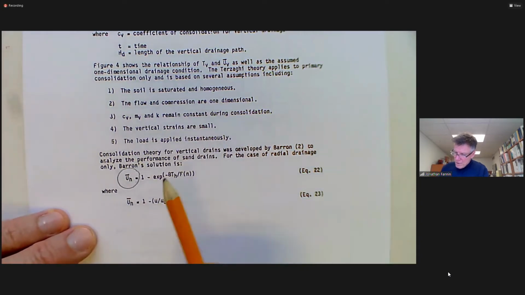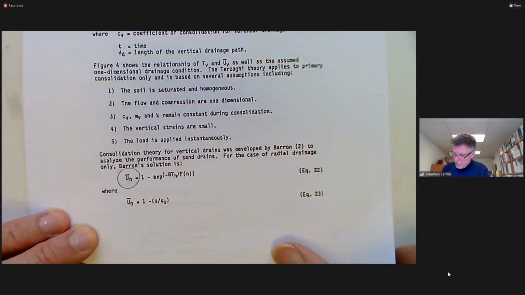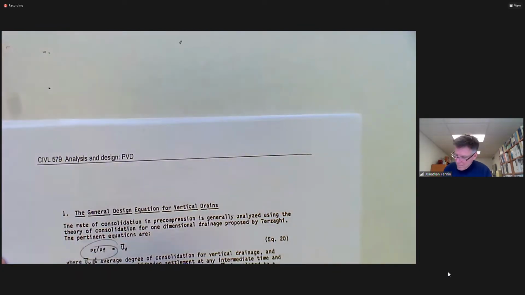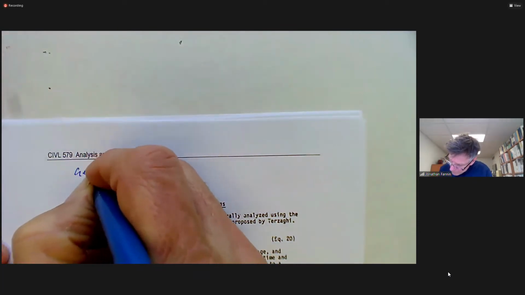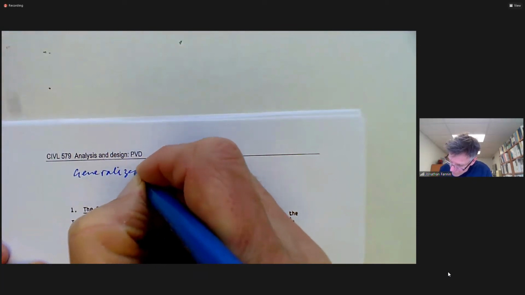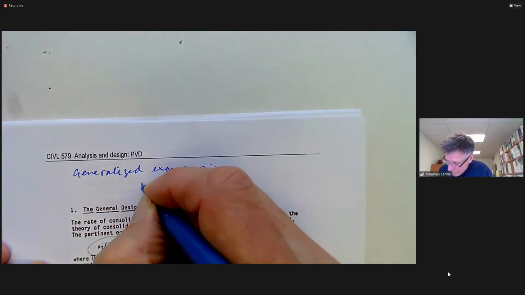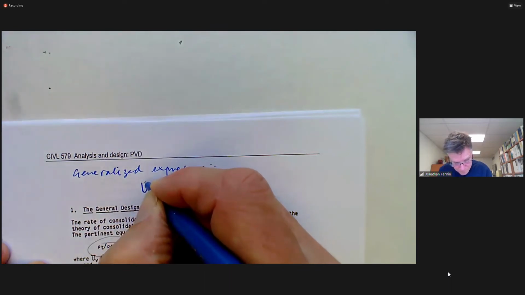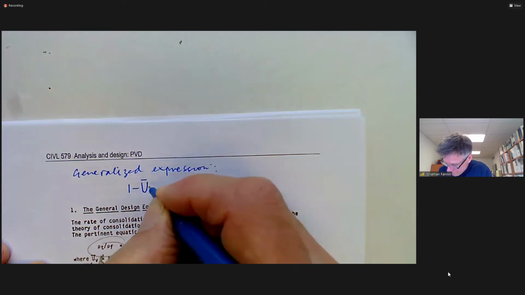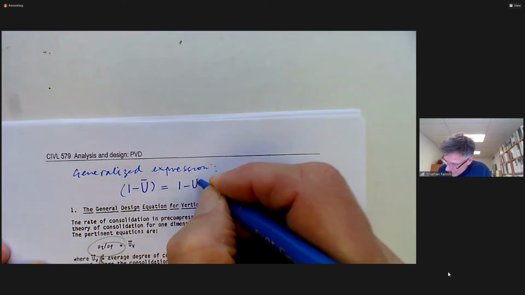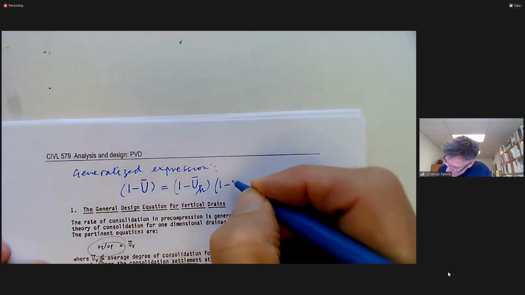So what we're doing is we're looking at the degree of consolidation due to radial drainage only. And if I went up top here, I could put in a generic or generalized expression: that the overall degree of consolidation is a function of that arising from horizontal and that arising from vertical.